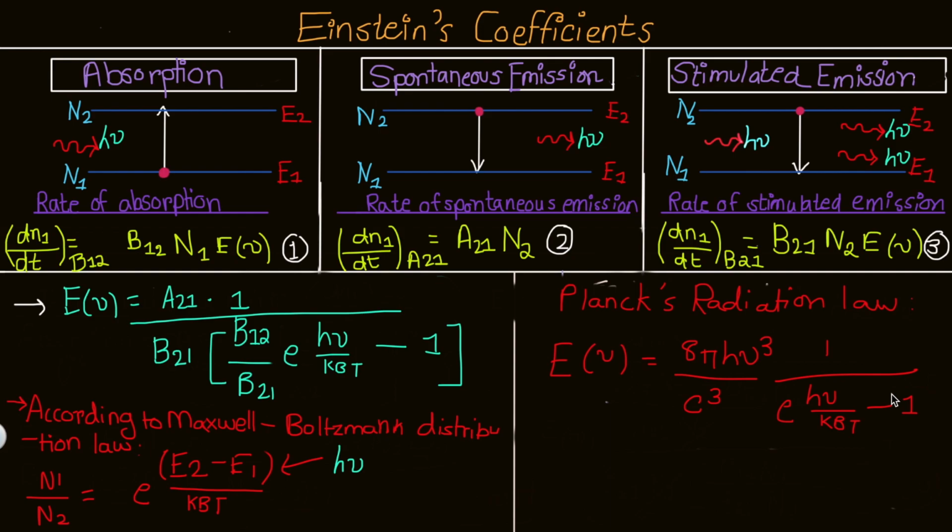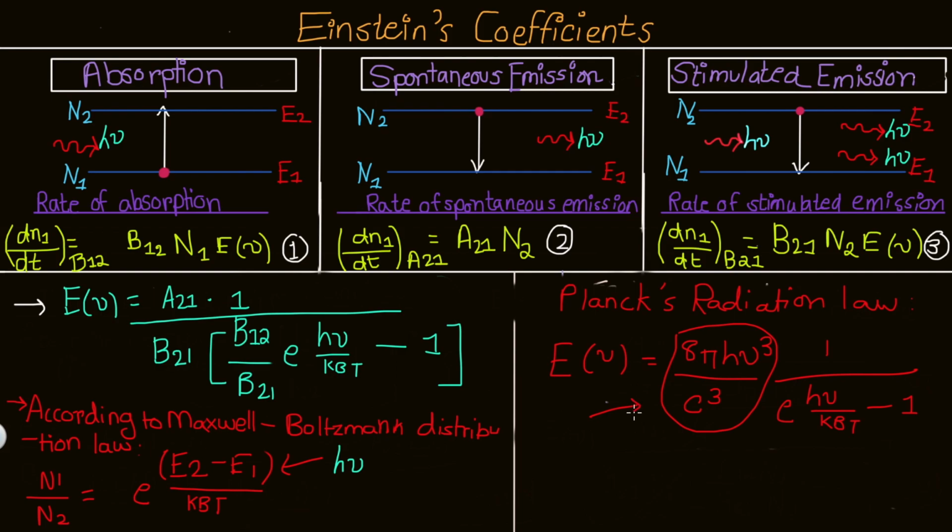Right. So we can compare now that this bit, A21 divided by B21, is same as this fraction over here, 8 pi Planck's constant nu to the power of 3 over c to the power of 3.